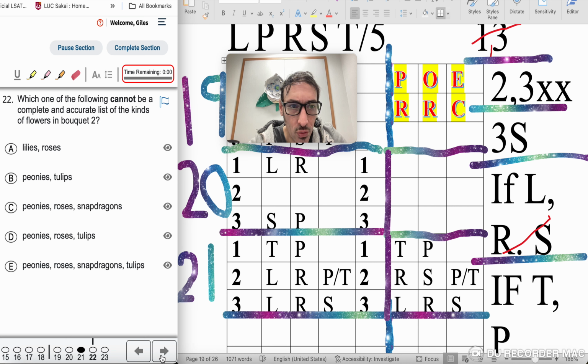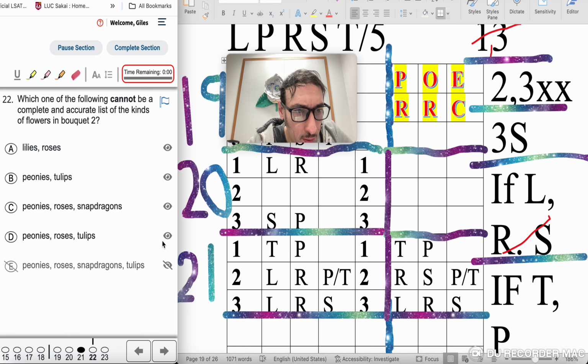Question 22. Which cannot be a complete and accurate list of the kinds of flowers in bouquet 2? So basically we answered it. There's going to be RSPT, which we kept track of right here. PRST does work out because we used it in the previous game. PRT.